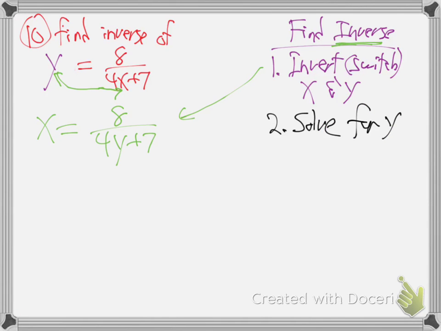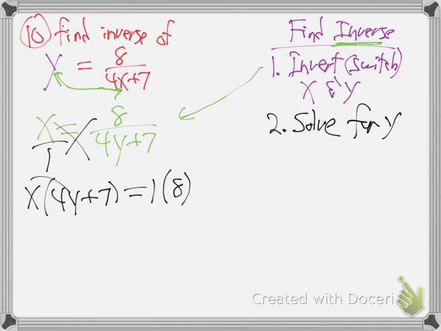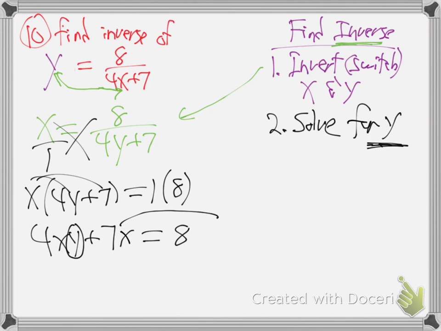Get y alone. So put this over 1, diagonal, diagonal, cross multiply. X times 4y plus 7 is 1 times 8. Distribute. 4xy plus 7x. 1 times 8 is 8. We're trying to get y alone. Here's y right here. Y is saying, I want to be alone. So jump this 7x to the other side.